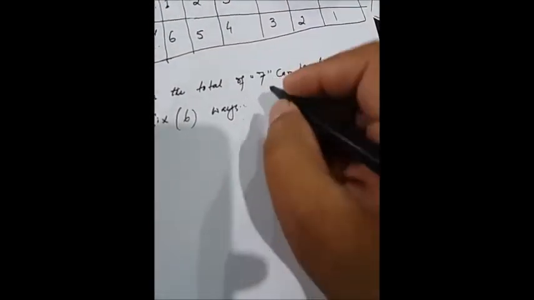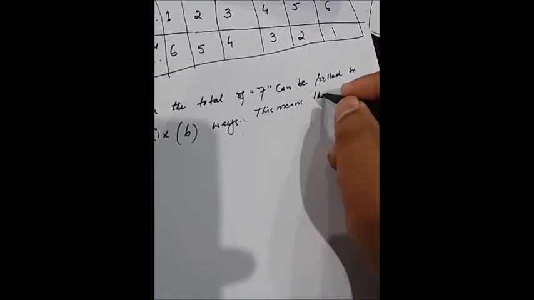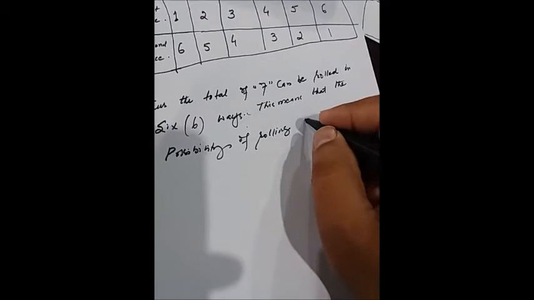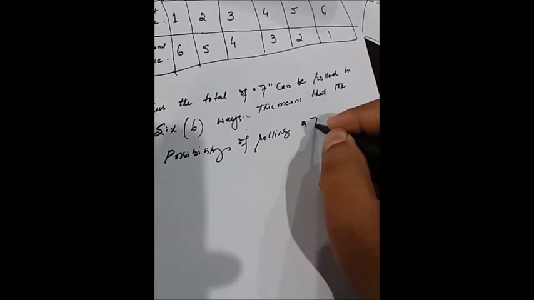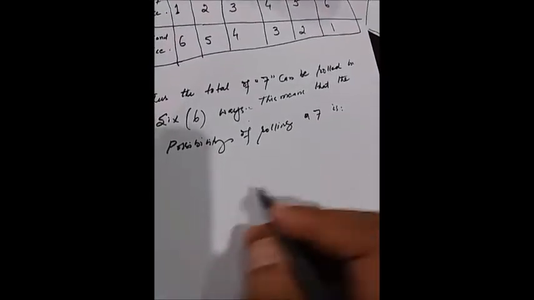This means the possibility of rolling 7 is what?